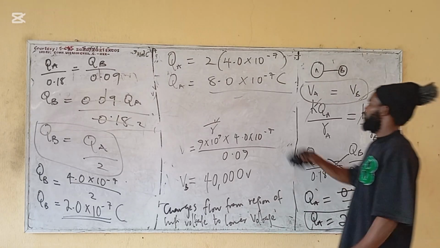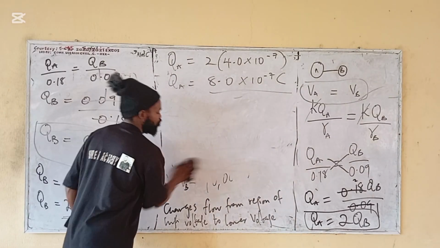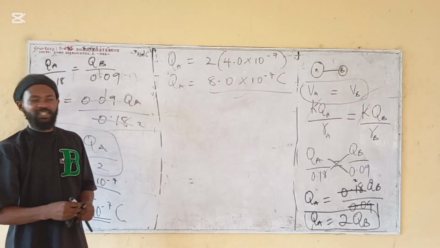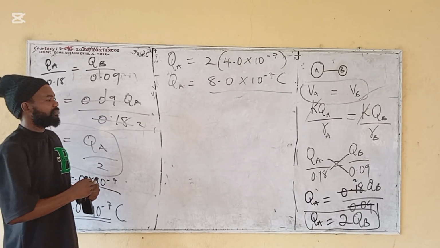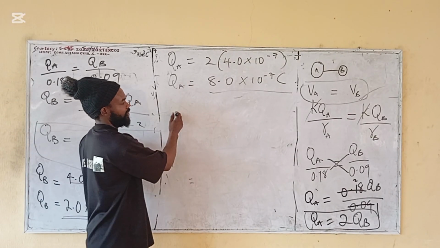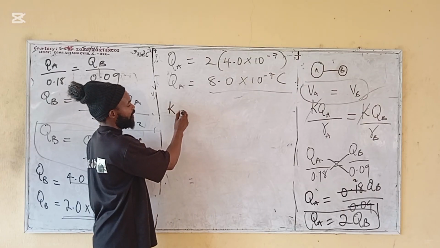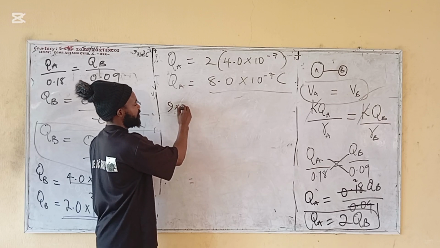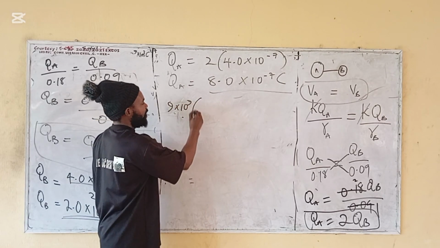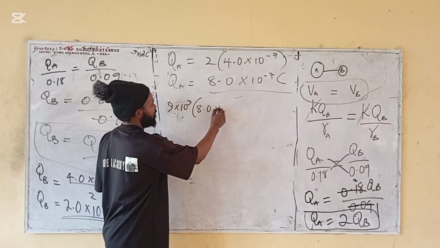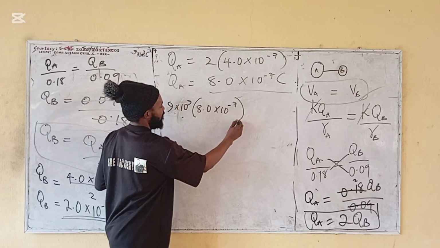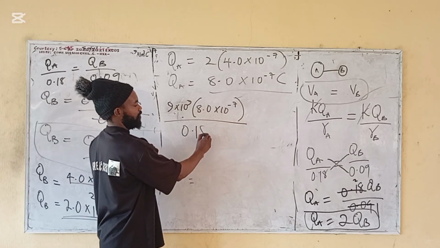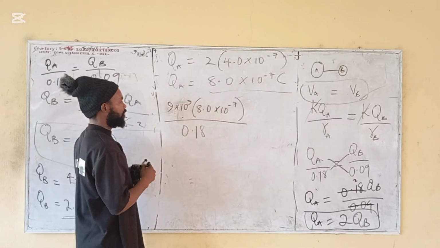Okay, see what I want you to do now. You are thinking, but you are thinking with the wrong tool. Do for me K, that is 9 times 10 to the power 9, into 8.0 times 10 to the power minus 7, divided by RA, which is 0.18.